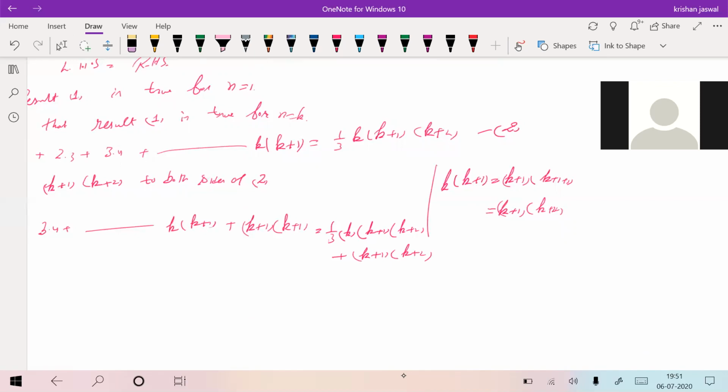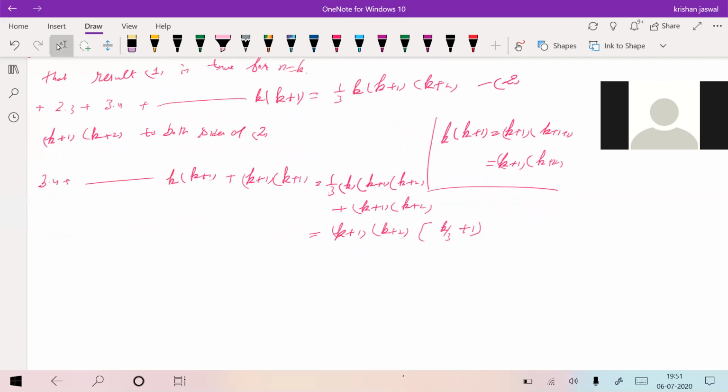Take common k plus 1 and k plus 2: k over 3 plus 1. Take 3 as LCM: k plus 3 over 3.